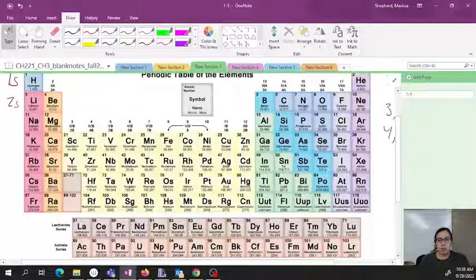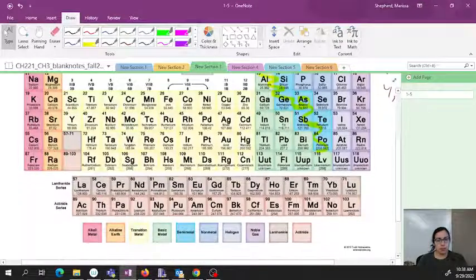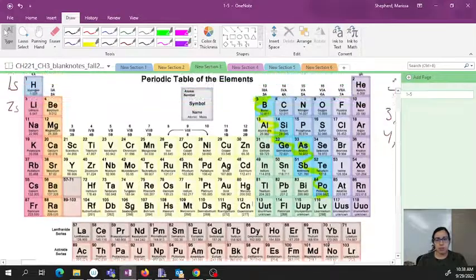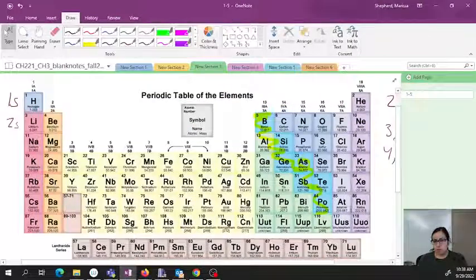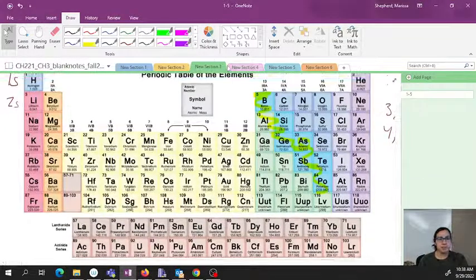Again, these are your metalloids here. And obviously this periodic table breaks it down into different classifications of metals. But then we all know that our nonmetals are to the right of our metalloids. And of course, these are gases.